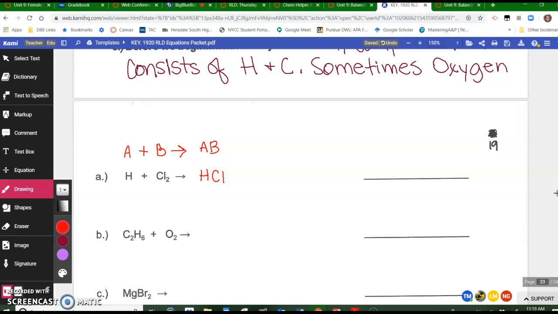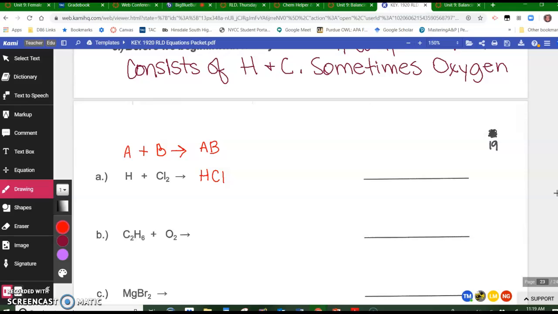Notice that I did not carry over my subscript of 2. Subscripts do not carry over unless they're a part of the polyatomic ion. I'll show you in a little bit what I mean by that. So now I've got my final product here, HCl.